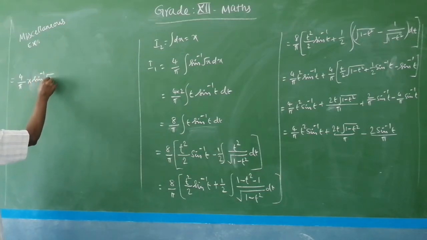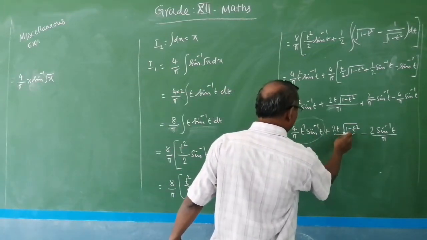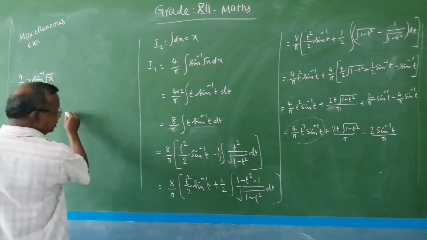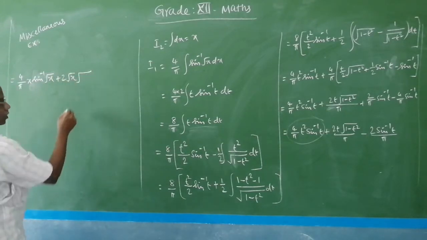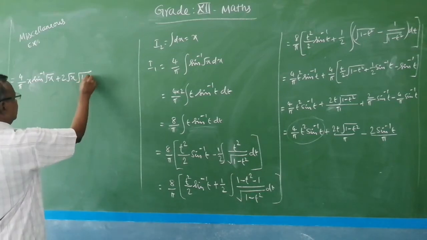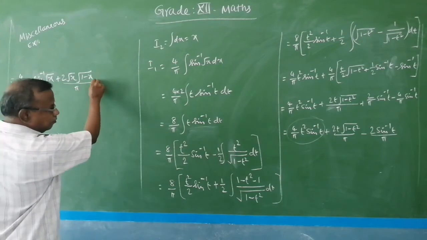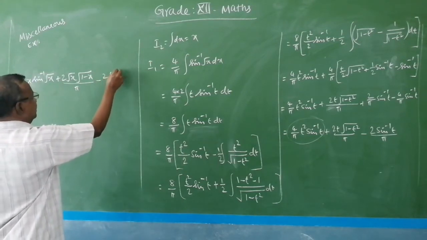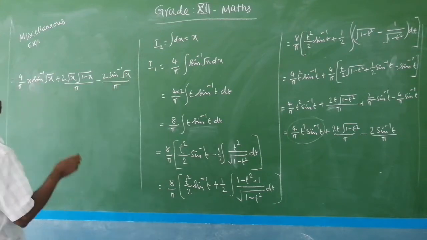X into sin inverse of root x. This part is over, and 2t means 2x plus 2 root x into root of 1 minus t square means 1 minus x divided by pi, and minus 2 sin inverse of t means root x divided by pi.